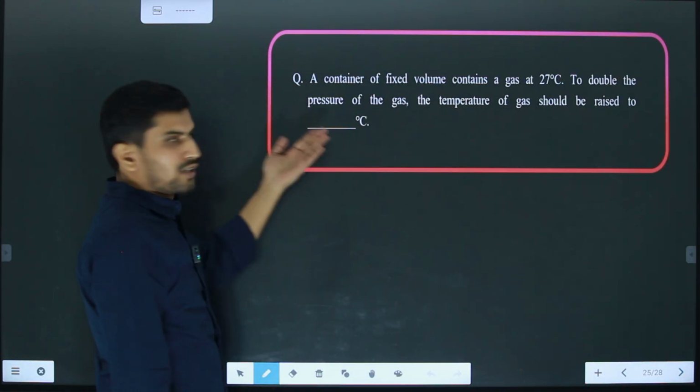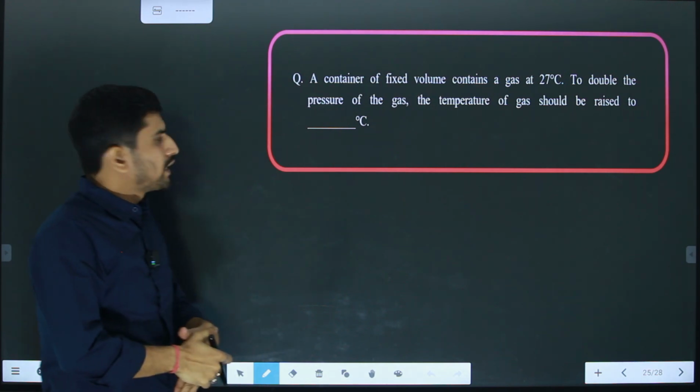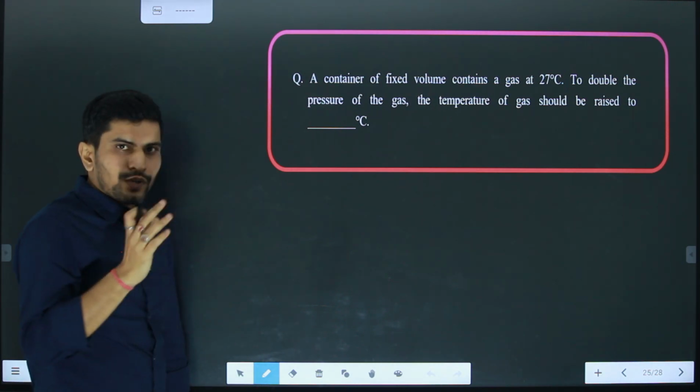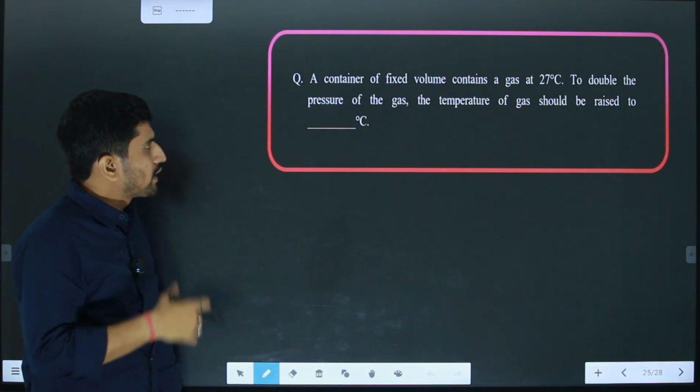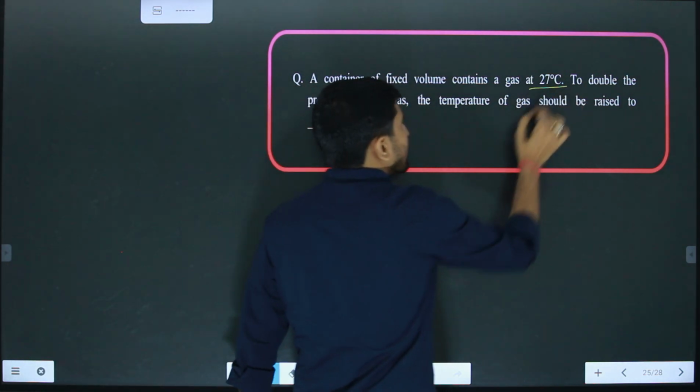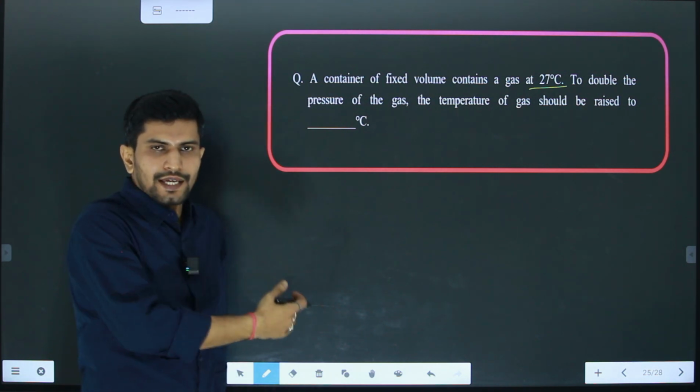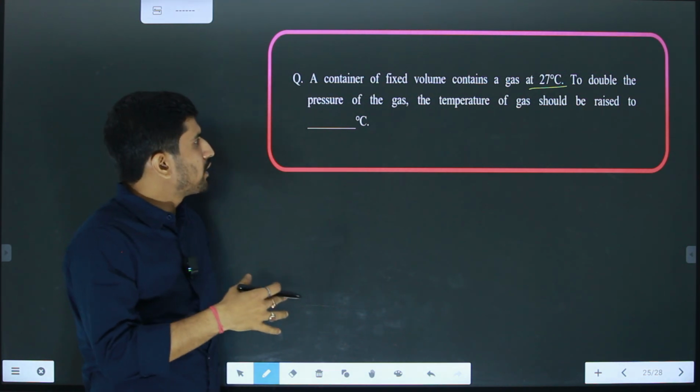All right. This is a question, I think, from kinetic theory of gas. What is given? For a fixed volume of gas, at temperature 27 degrees centigrade, if we want to make the pressure of the gas double, then what should be the temperature?